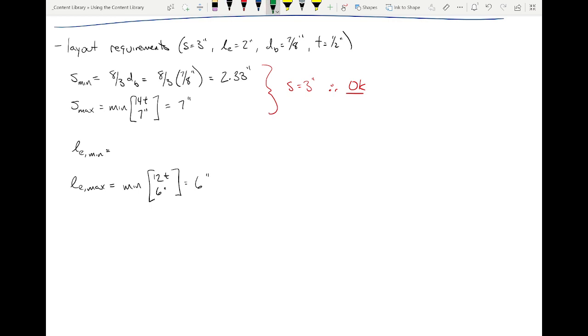Remember, we find that in table J3.4. I believe that's on page 16.1-132. 1 1/8. Everybody see that? And our edge distance is 2 inches, so again, we're okay.